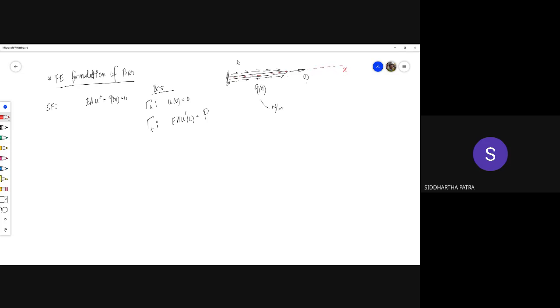and the bar also has the following properties: Young's modulus, cross section area, and the length of the bar. Okay.